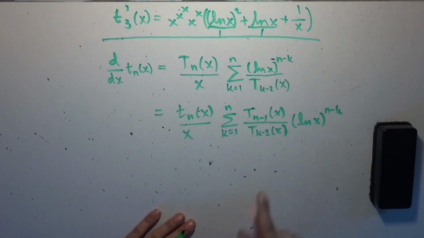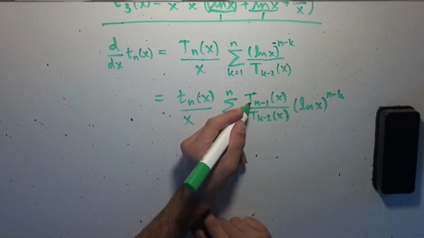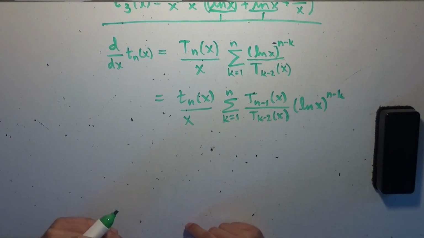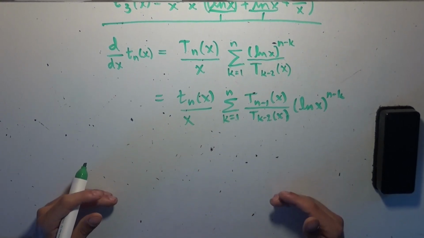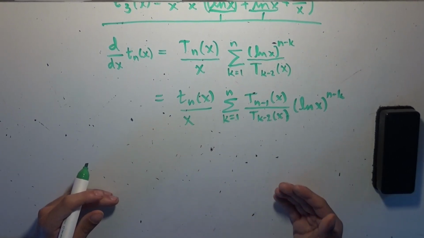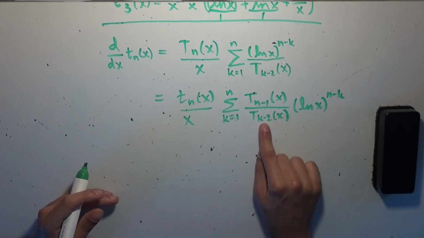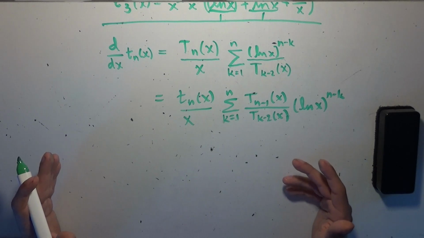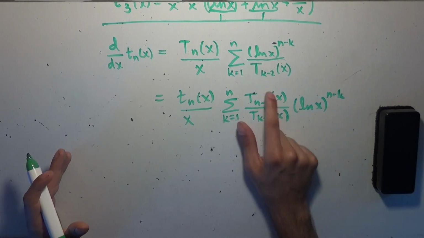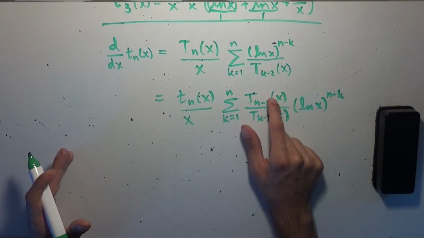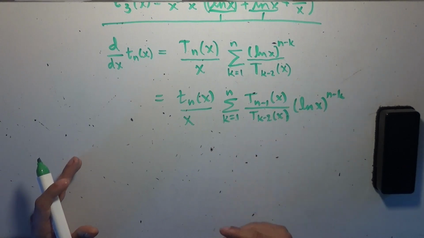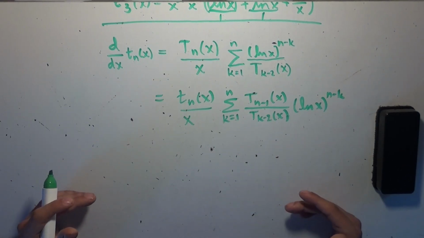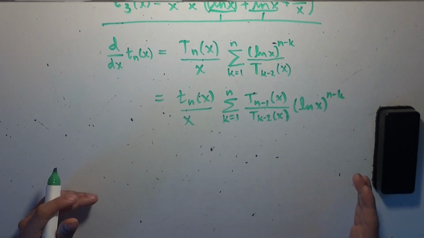Now what we can do is compress this into one product. So if we have this capital T n minus 1 is the product from m equals 1 to n minus 1 of each of the power towers of those heights. And this is the one from m equals 1 to k minus 2 of all those different heights. So if we divide this product, which goes from 1 to n minus 1, by everything that goes from 1 to k minus 2, we will then have a product that goes from k minus 1 to n minus 1.